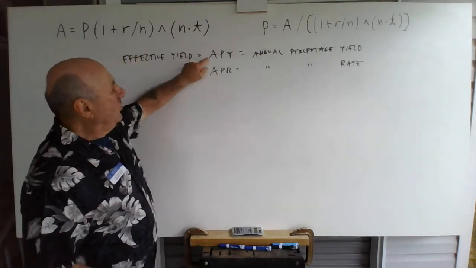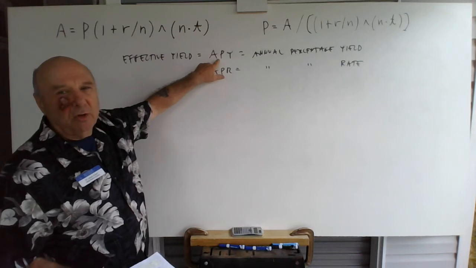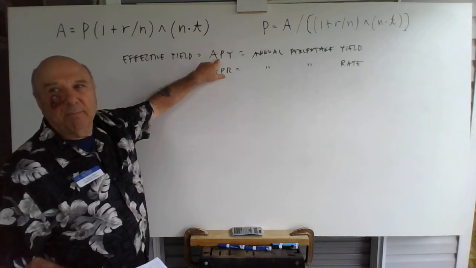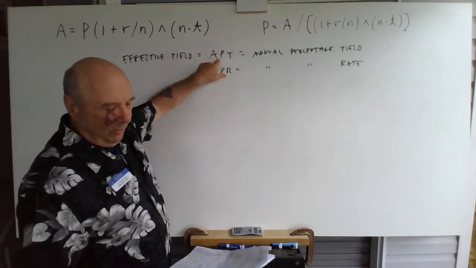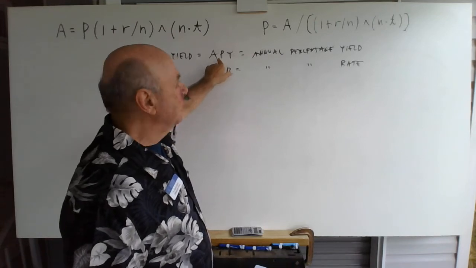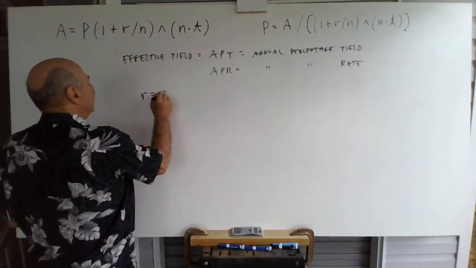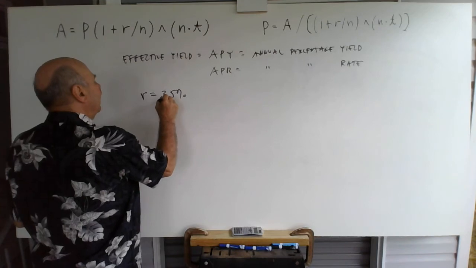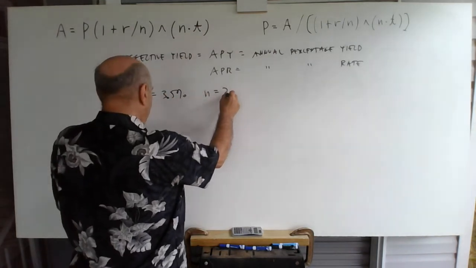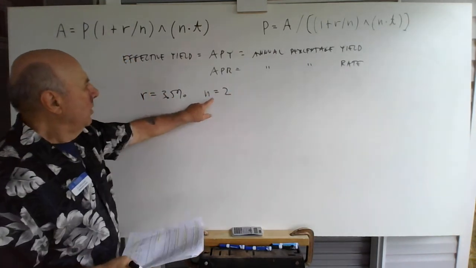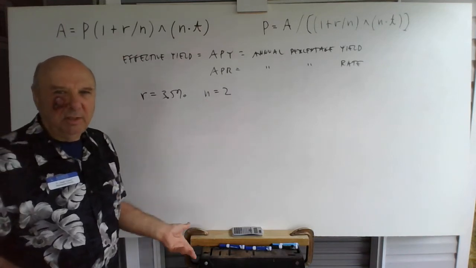They'll advertise both of them because usually the APY is higher. If you compound more than once, it is higher. So at 3.5% compounded semi-annually, we want to know the effective yield.